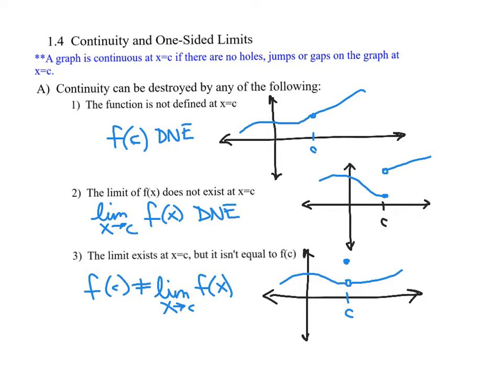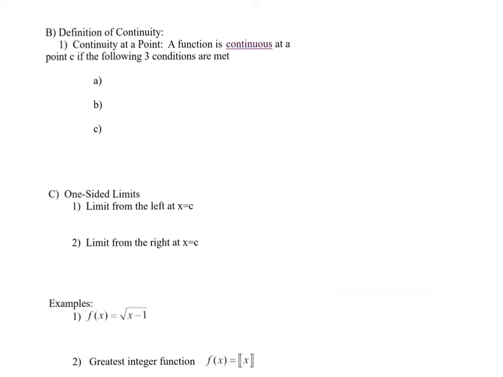So by examining these three ways in which continuity can be destroyed, that's going to lead us to the definition of continuity, specifically continuity at a point. A function is continuous at a point c if the following three conditions are met. So we've got to make sure that none of the problems that we've talked about on the previous page will happen. The first thing I want to make sure of is that the function value at c must exist.